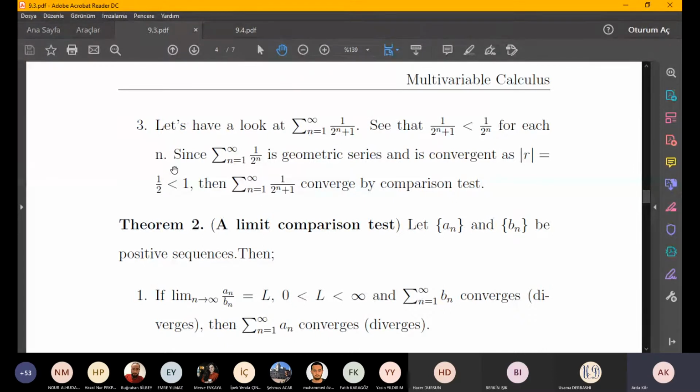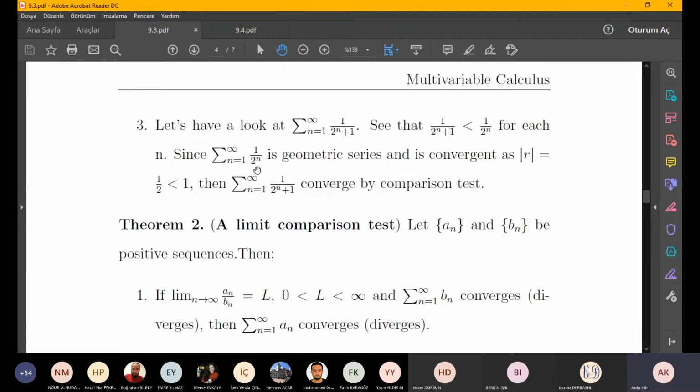And also you can write the general term of the geometric series as 1 over 2 times (1 over 2) to the n minus 1. That means your common ratio r is 1 over 2, and the absolute value of r is between minus 1 and 1, which gives from the geometric series that the series should be convergent, even if you know what it converges to.